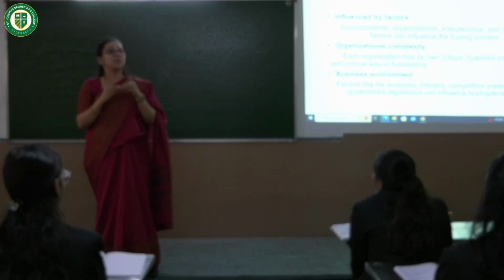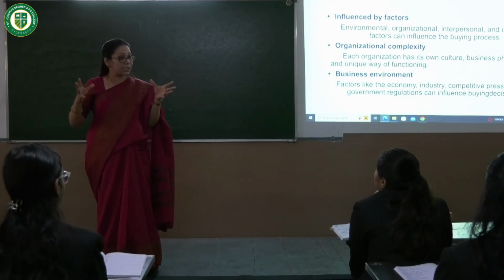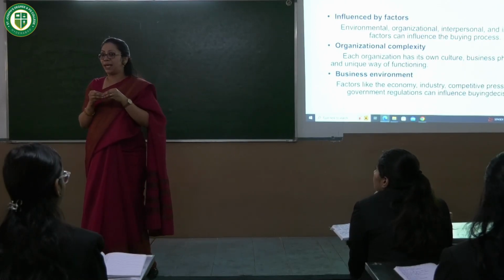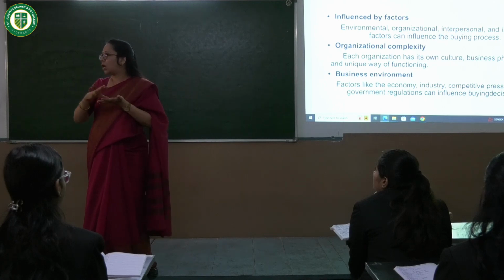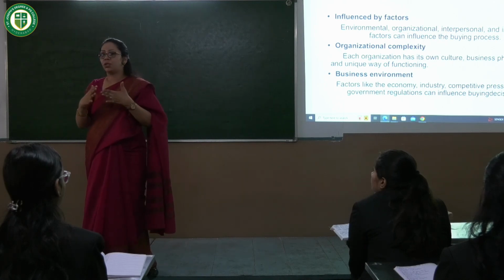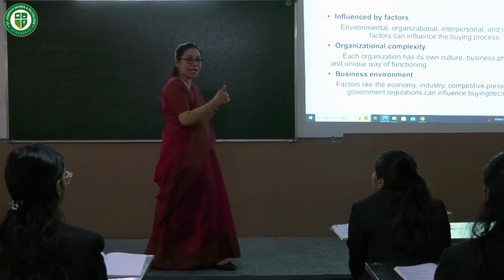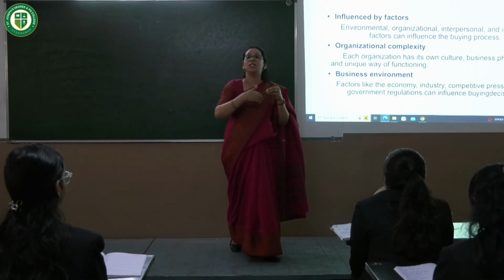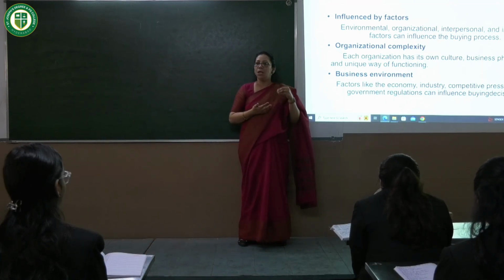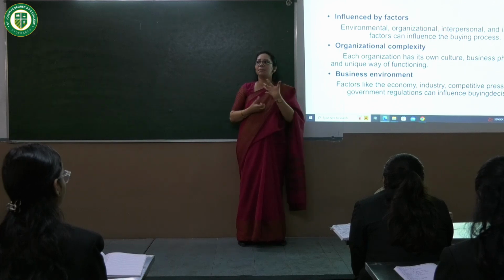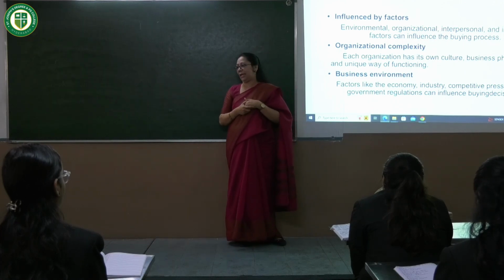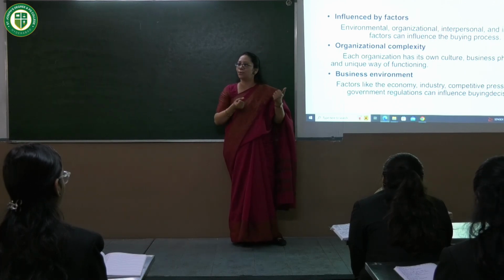Because in an MNC we have people from diverse countries and diverse cultures coming together and working. So every organization has its own culture, values, morals, and complexity. And that differs, and so the buying behavior will also vary. An Indian company's requirements and a multinational company's requirements will vary, because even the complexity is changing.